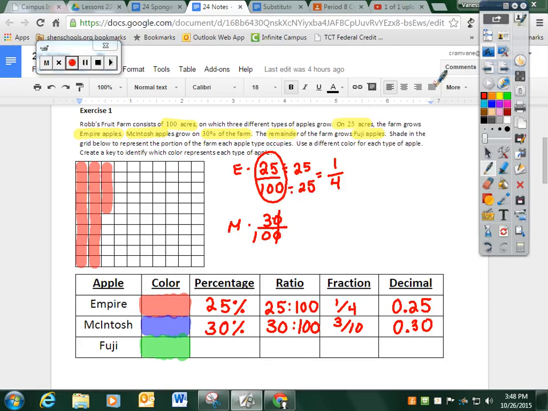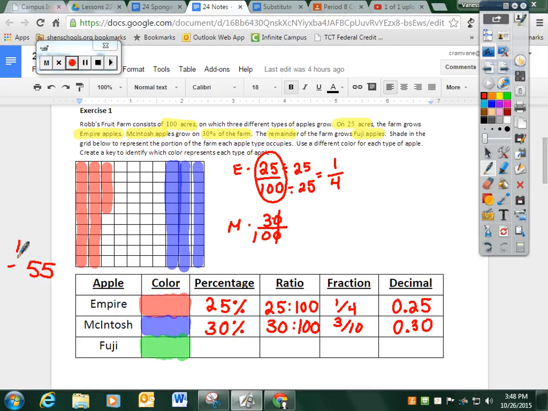Let me shade in my Macintosh apples, which are 30 acres. So that's 3 rows of 10. Now, if this is a percentage problem, all percentages have to equal 100. So 30 plus 25 is going to give me a sum of 55.